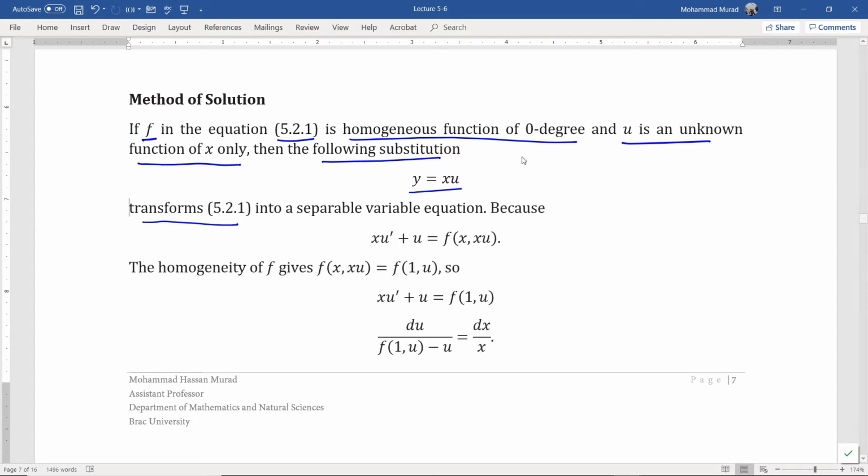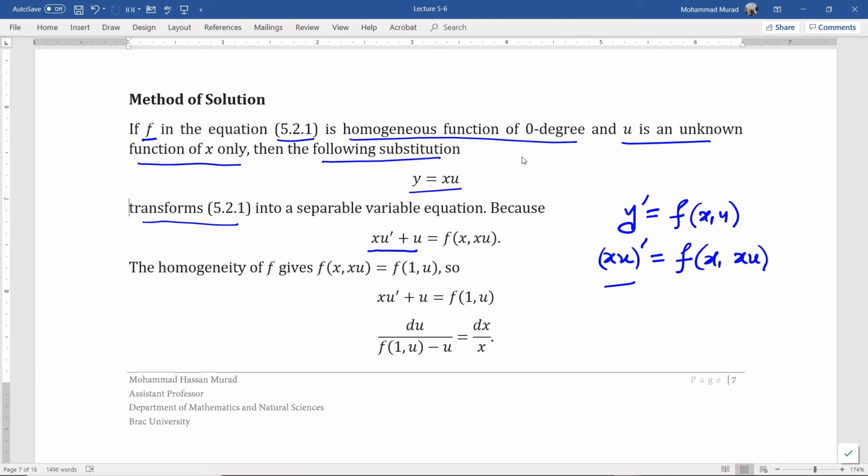Because if we substitute y equals x times u in the equation 5.2.1, in the left hand side, we would replace y prime by the first derivative of x times u, and in the right hand side, we would replace y by x times u. In the left hand side, we should use the product rule of differentiation, which gives x times u prime plus u.